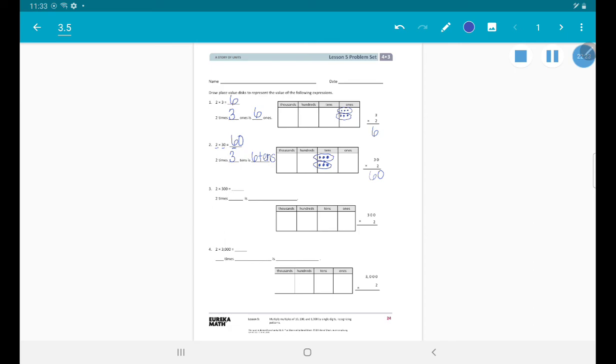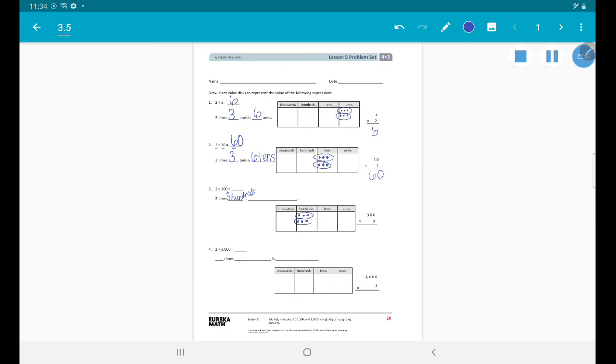Okay, number 3, we're doing 2 times 300. 2 times 3 hundreds. I didn't give you very much room to write there. 2 times 3 hundreds. So I'm going to make 2 groups of 3 hundreds.